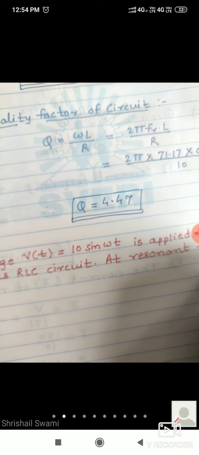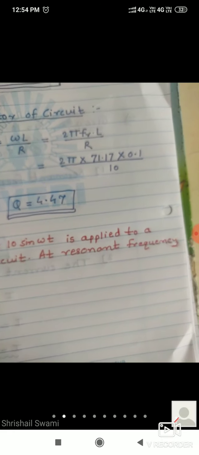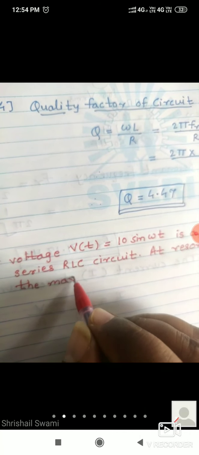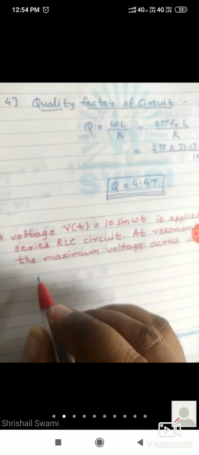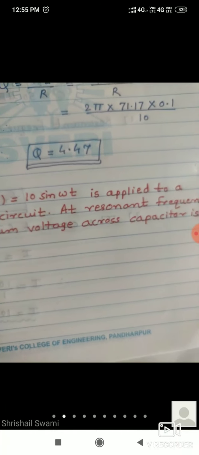At resonant frequency the maximum voltage across the capacitor is 500 volt.